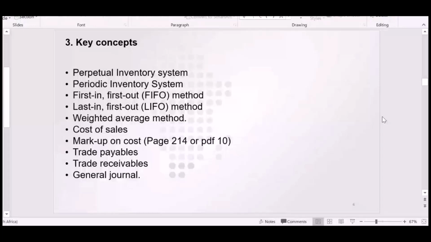So now let's get hands of those who want to tell us the first two. What is the perpetual inventory system and what is the periodic inventory system? Let's get hands of those. And those whose hands are still up after talking, you risk being asked to explain if you don't lower your hand.